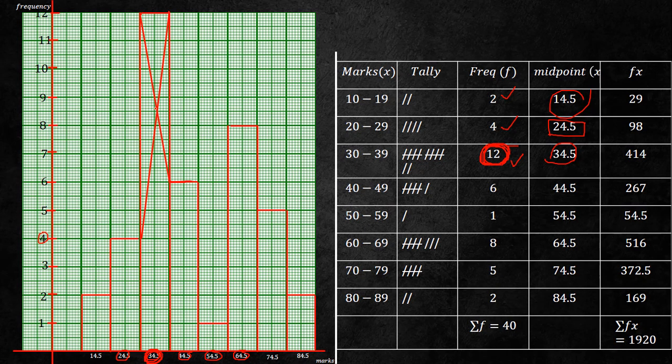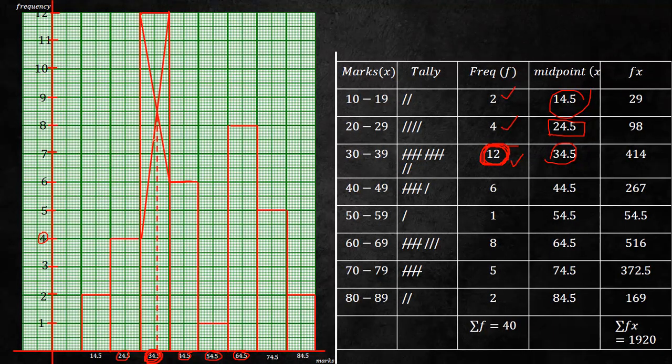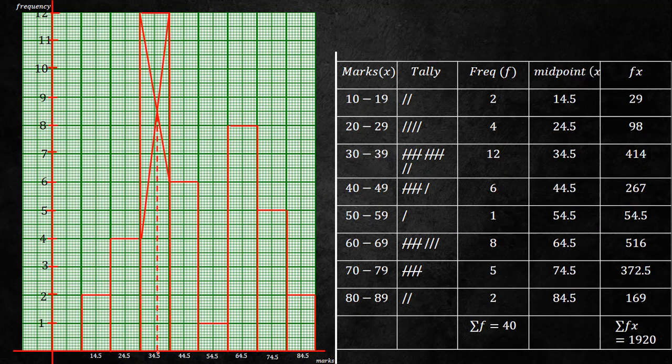Now the point of intersection of these two lines, where they are meeting, that is going to be our mode. So you trace this down to your graph, and you read the value over there. When I read the value, I get 35.5. So from my graph, the mode of the distribution is 35.5.